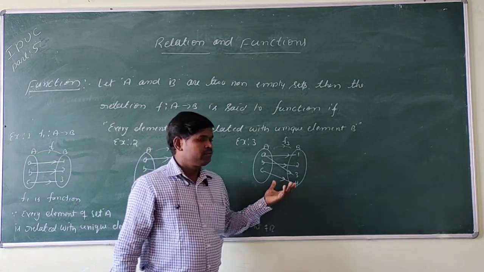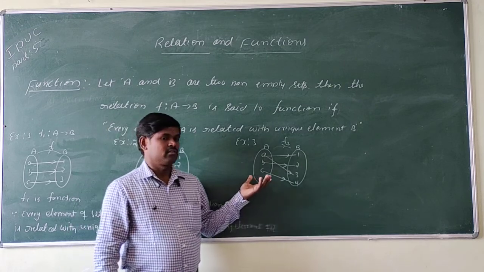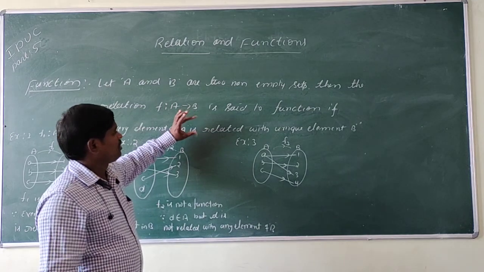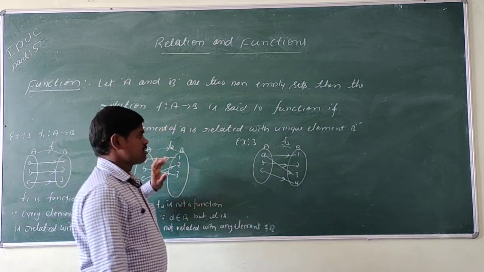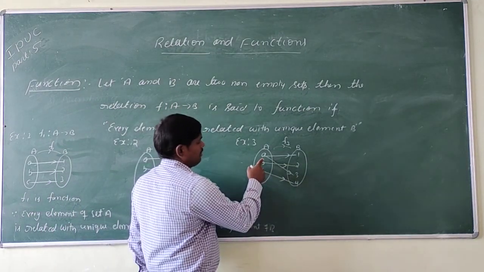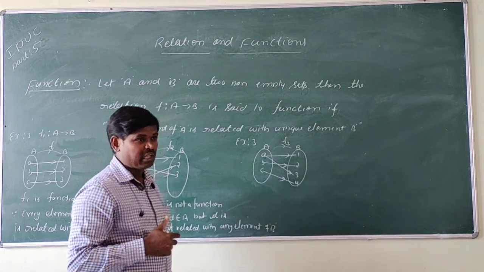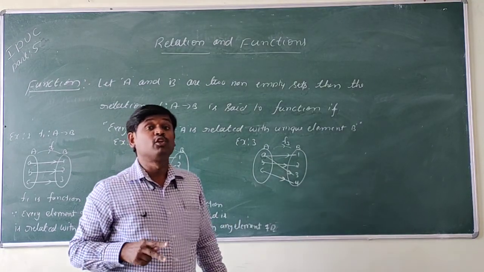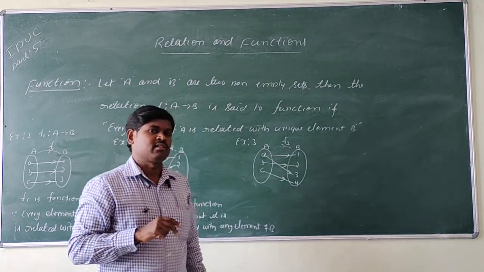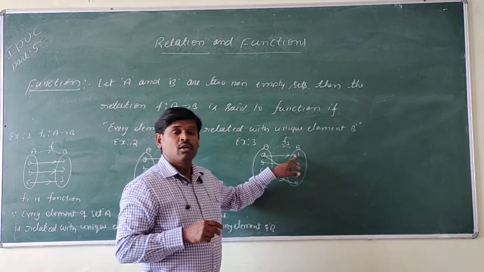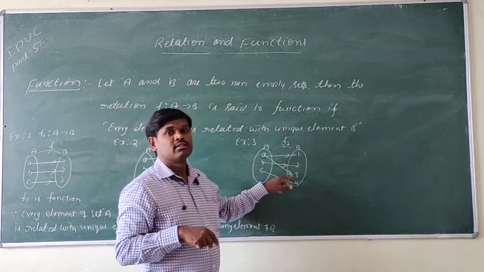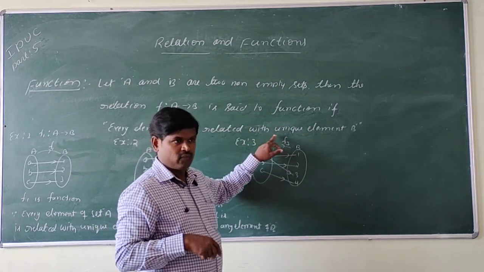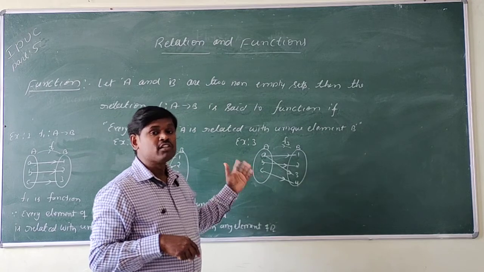Whether the relation F3 is a function or not, let us verify whether the condition is satisfied. It does not satisfy the uniqueness, because A is an element in A which is related with 2 elements in B. A is related with 1 and also A is related with 3. That means it does not satisfy the uniqueness of the definition. Therefore, this is not a function.